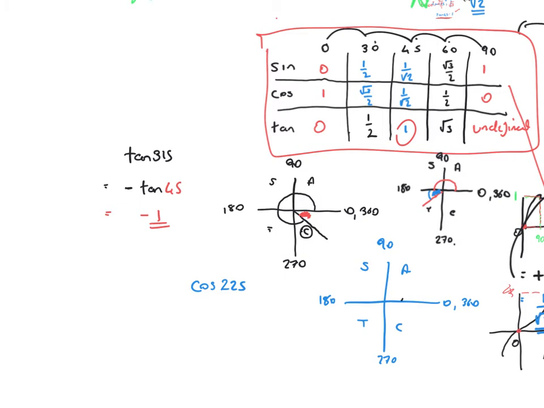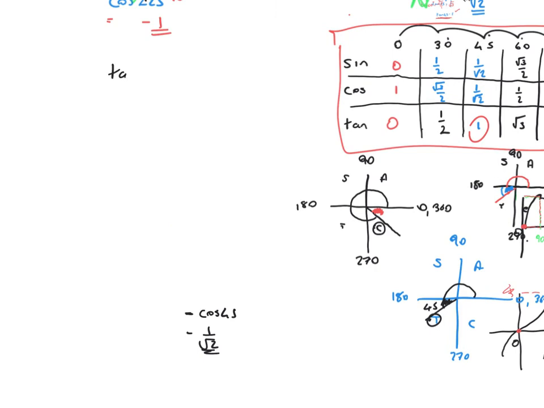Okay, 225, there's 90, 180, 225. Okay, the acute angle then is 45 degrees. We're in the tan quadrant, cos is negative in the tan quadrant, so it's minus cos 45. Cos 45 is 1 over root 2, so it's minus 1 over root 2.